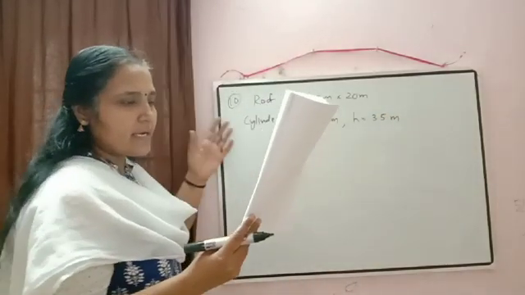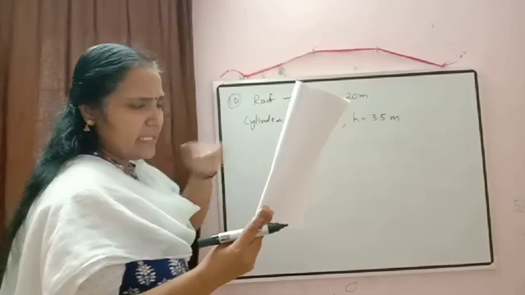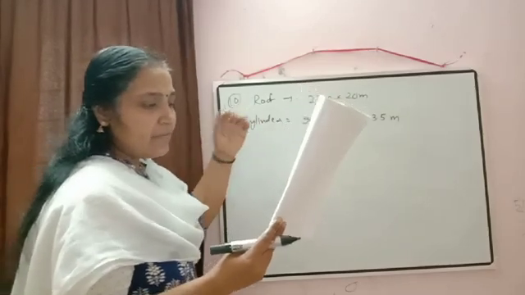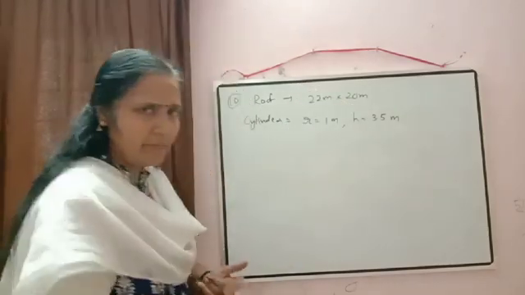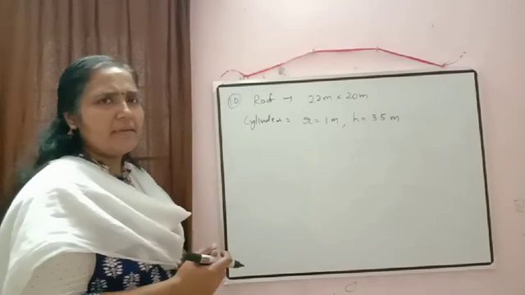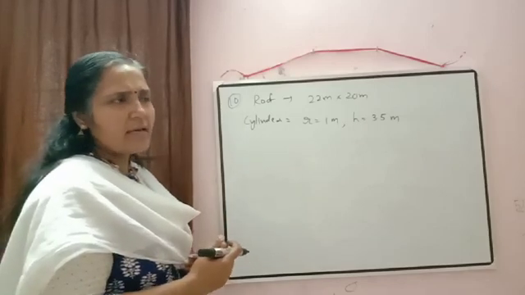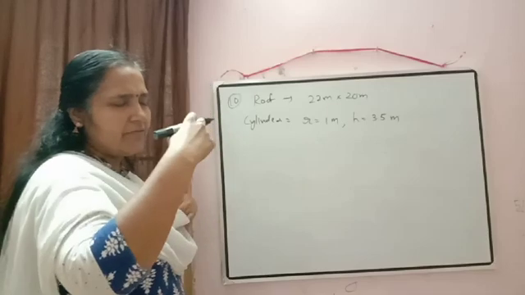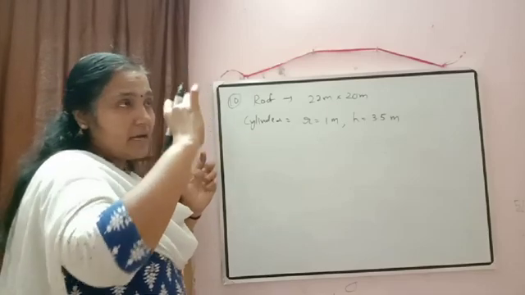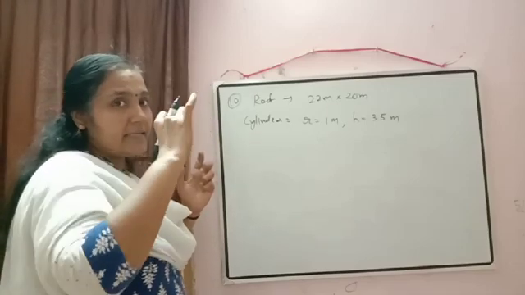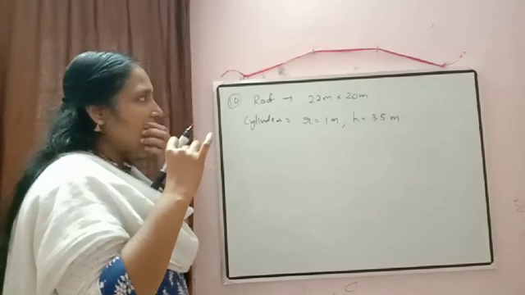If the rainwater collected from the roof just fills the cylindrical vessel, then find the rainfall in centimeter. Rainfall in centimeter means what? How are we calculating the rainfall? How much rainfall is there? Yes, what is the level rise? That is called the rainfall in centimeters.